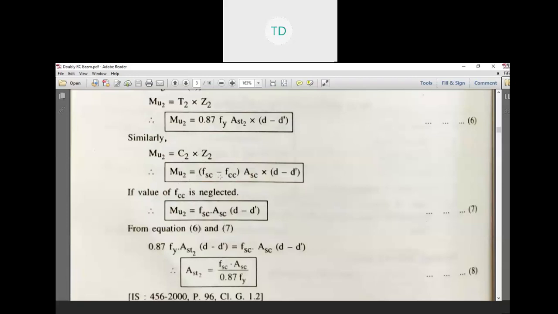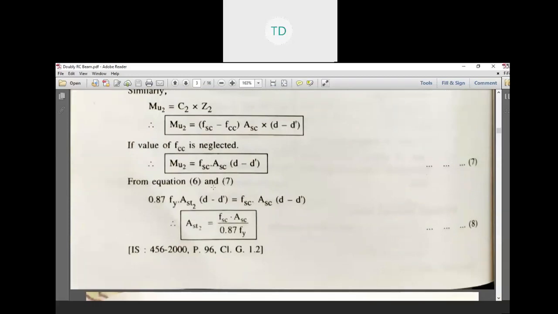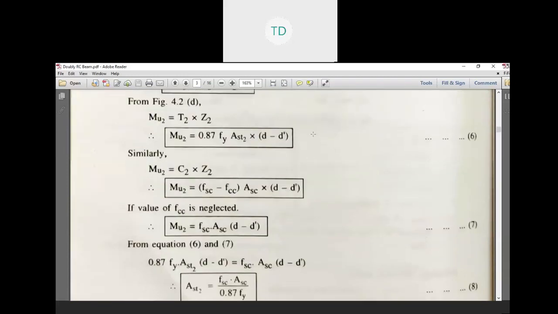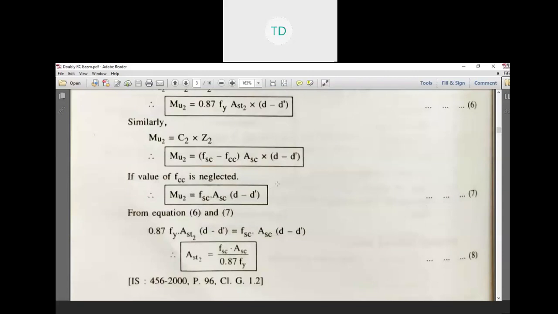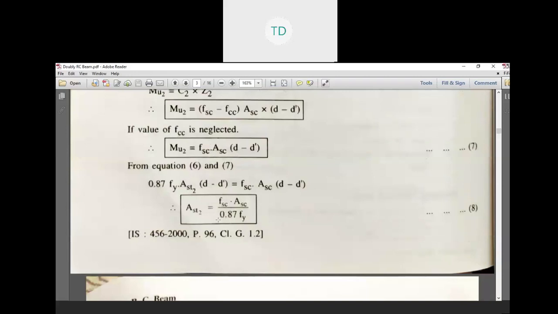We can calculate Mu by these two, but sometimes we also use a third equation: Mu2 = Fsc into Asc into (d - d'). Now from equations 6 and 7, we get Ast2 = Fsc into Asc divided by 0.87 Fy.